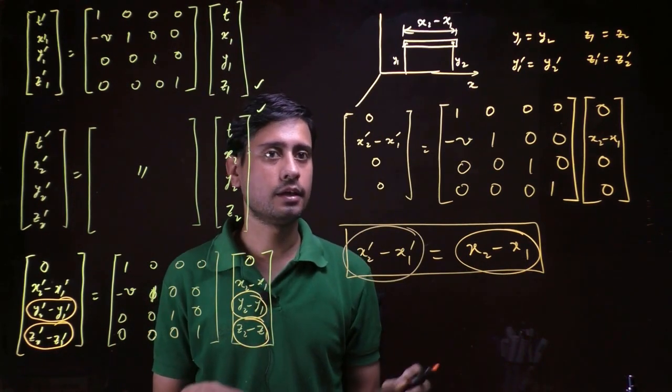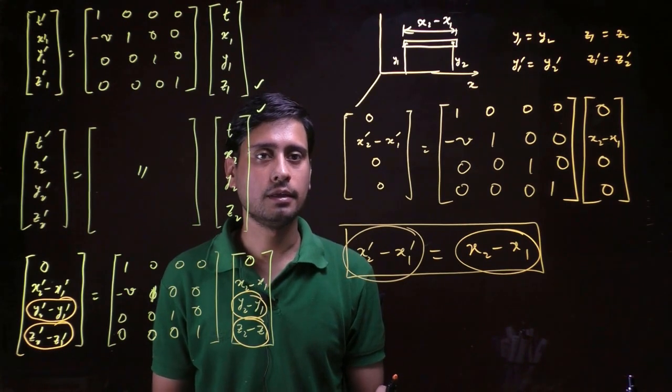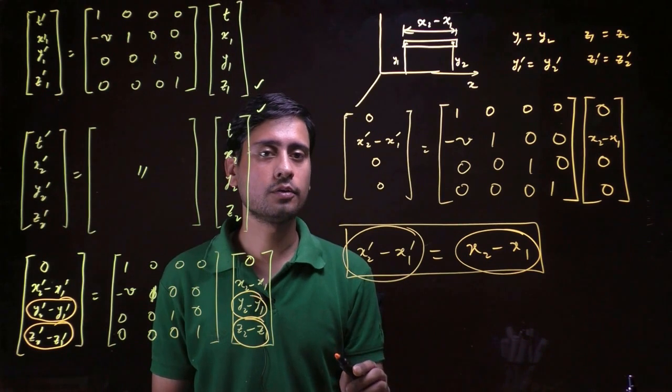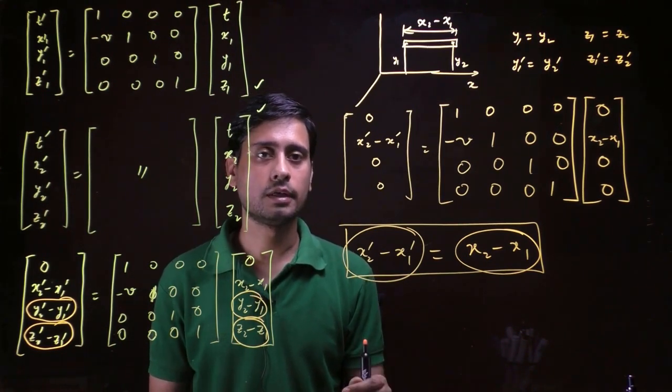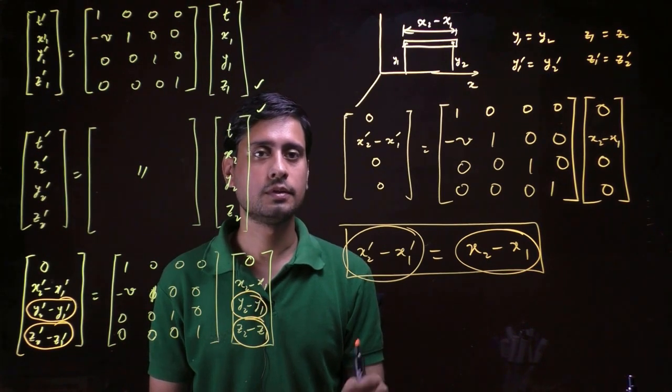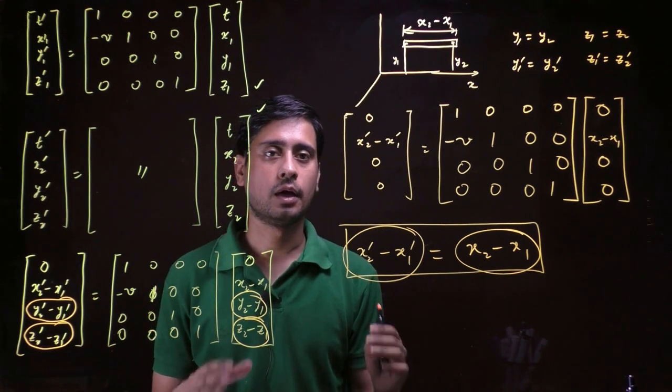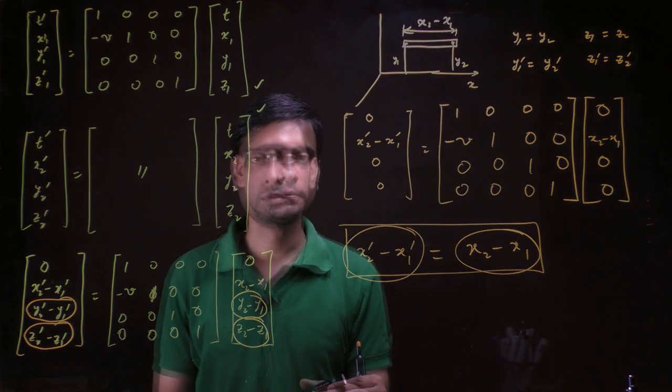So lengths remain invariant in Galilean transformation, and laws of mechanics remain same for all inertial frames. So these are the two conclusions which we have arrived at till now.